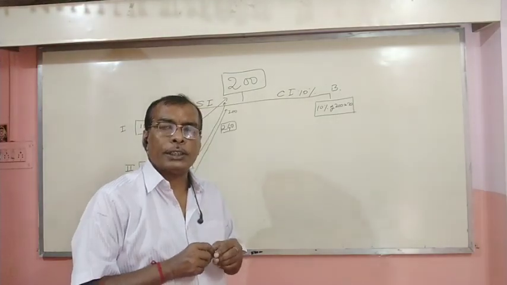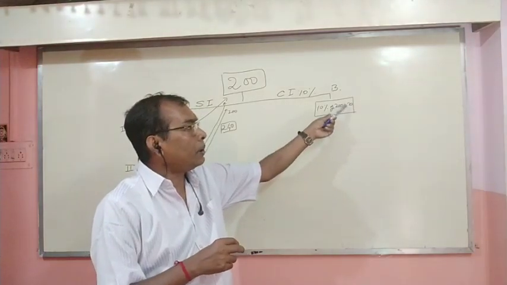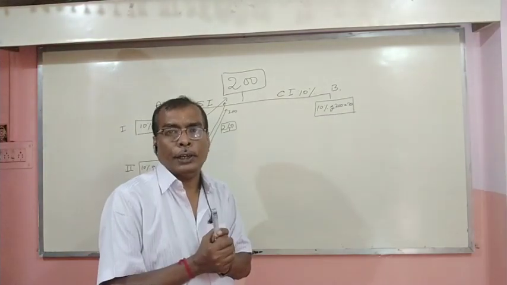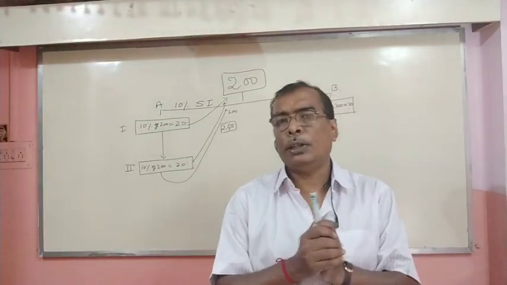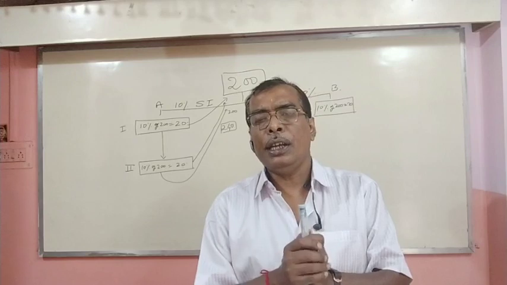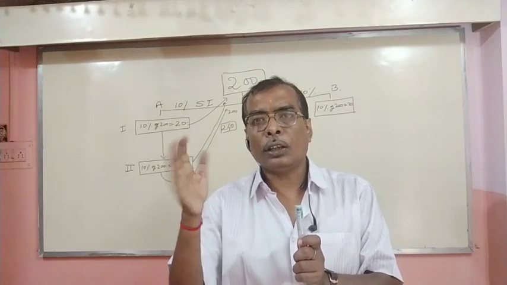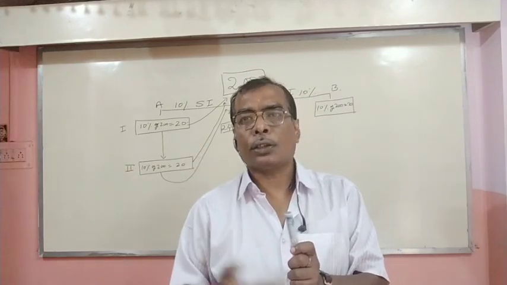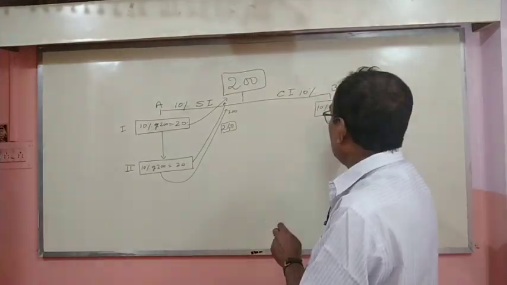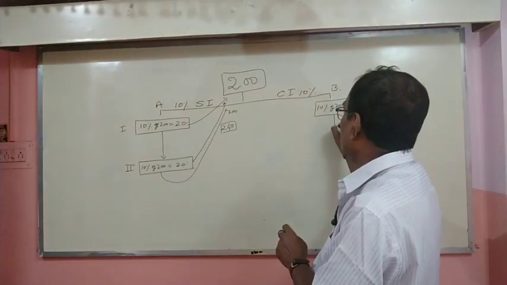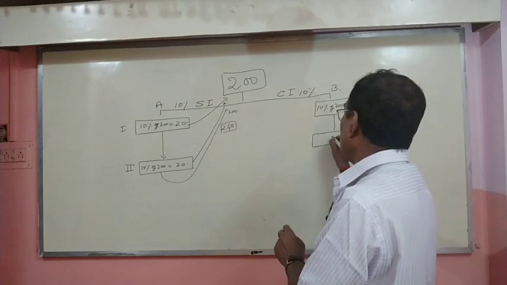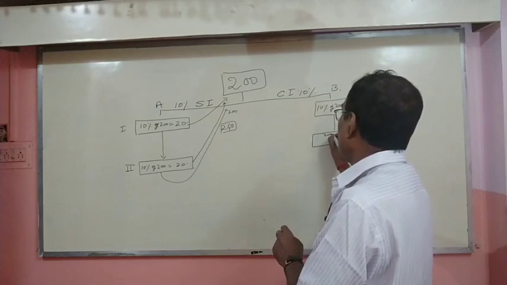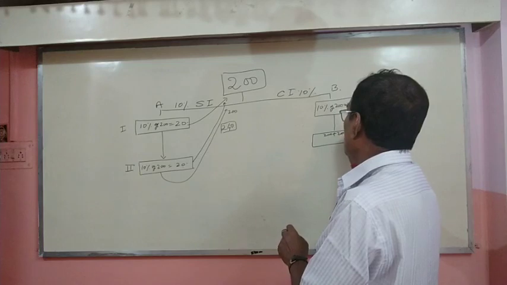Because it is compound interest, this person will not have to return this 20 rupees; it will stay with that person. He told me, no, I will give all the interest together. That is compound interest. Now this 20 rupees will be added to the principal amount. That is, now it becomes 200 plus 20, that is 220 rupees.